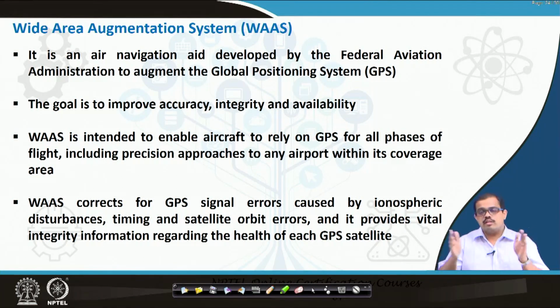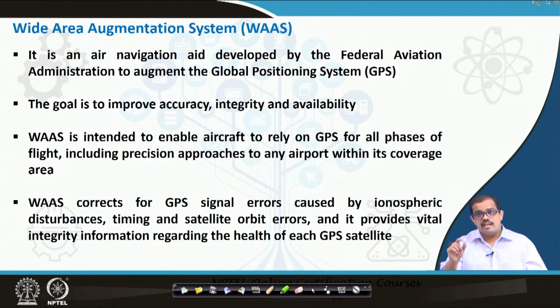Most of the information here is that the signals are sent into automated systems, and the GPS navigation system tracks it all along, so that the automation has absolutely no error. That is done through the WAAS system. WAAS is intended for all phases of flight, including precision approach to any airport within its coverage area.